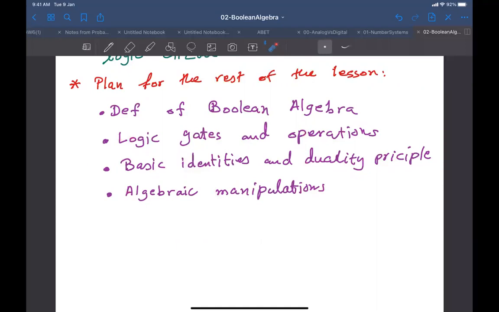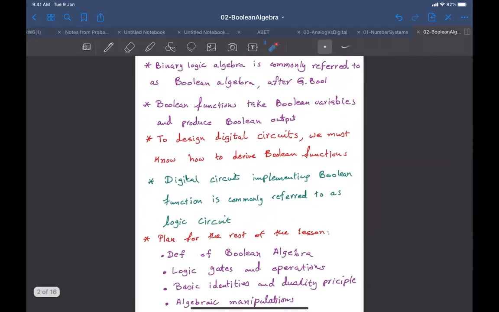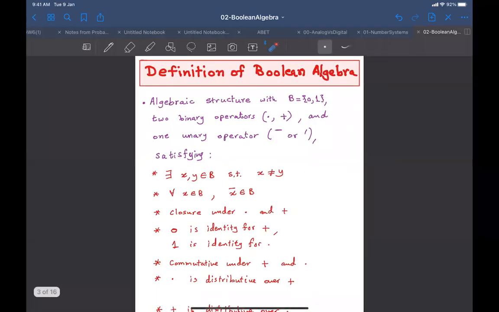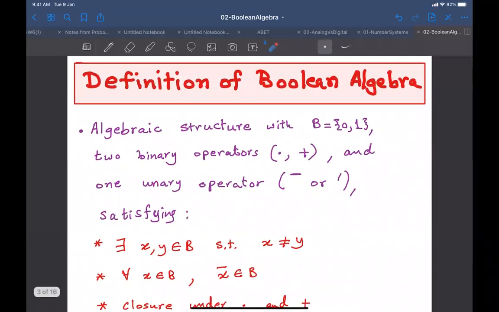All right, so let's start by defining what we mean by the Boolean algebra. So this slide defines the Boolean algebra structure. It is basically a mathematical or an algebraic structure. Boolean algebra is an algebraic structure with 3 things here.